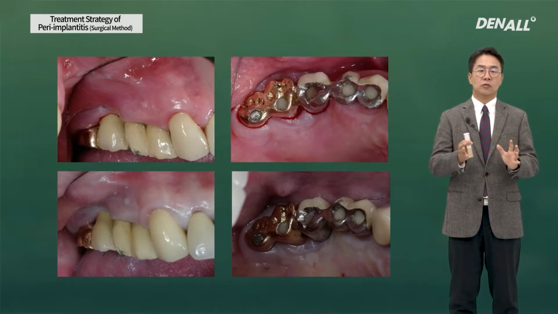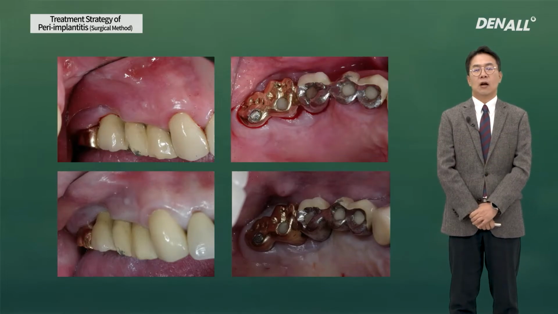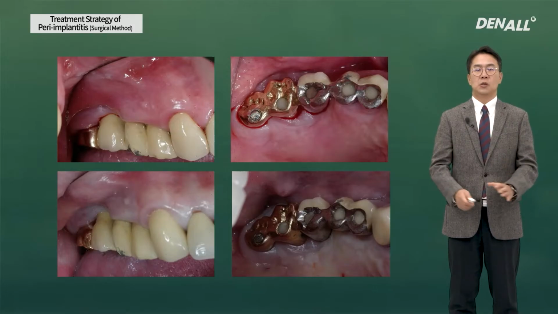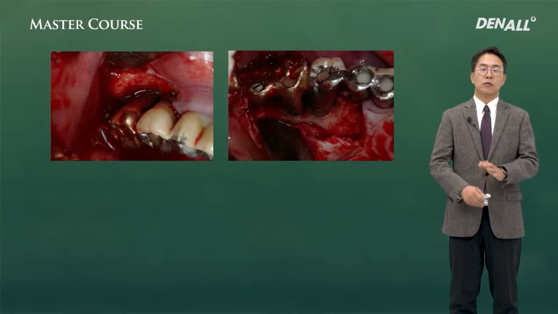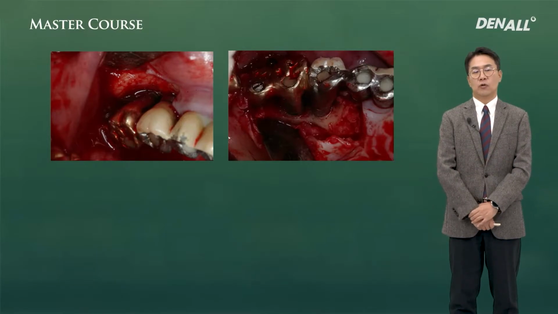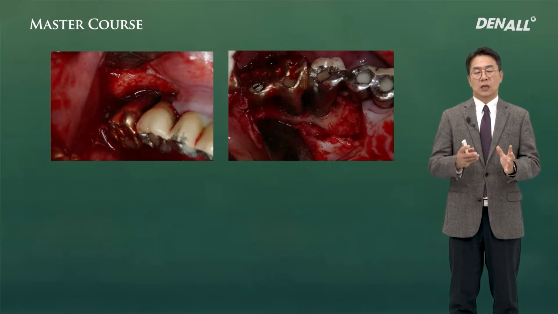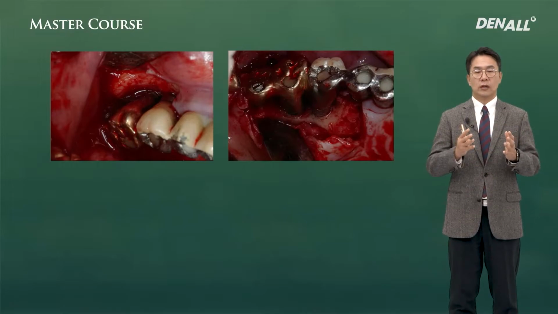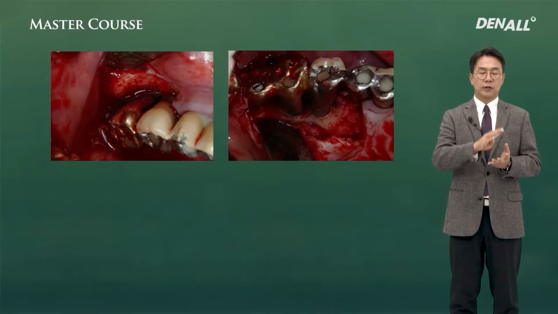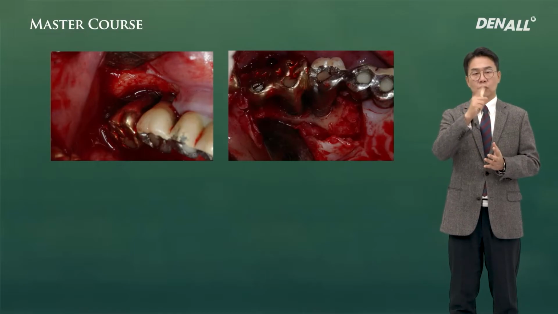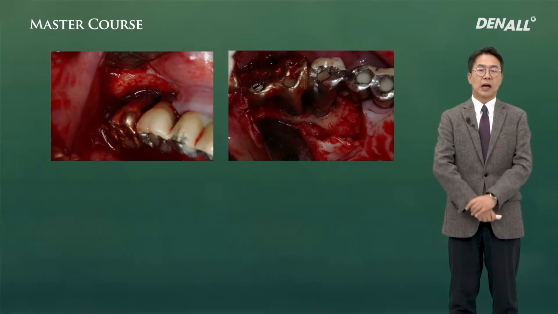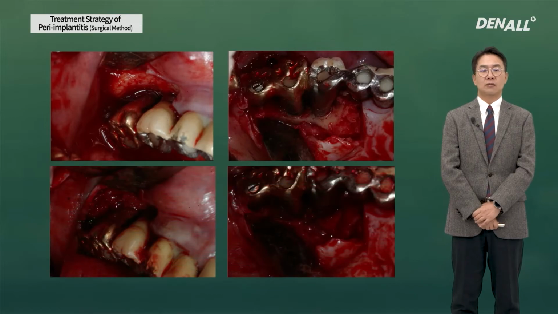You can see that the swelling has improved somewhat. It was very difficult for the patient to brush teeth on this side. I recommended removing this part. If you look around here, inferior to the crest, there's a little bit of bone. There's bone up to the margin between implant body and abutment, and there was a lot of bone. I didn't think it would be favorable for oral hygiene, so I removed it.